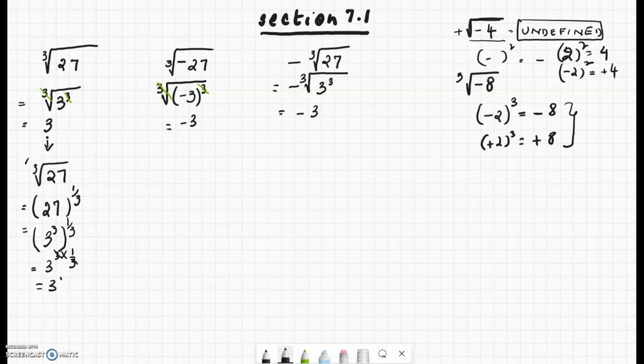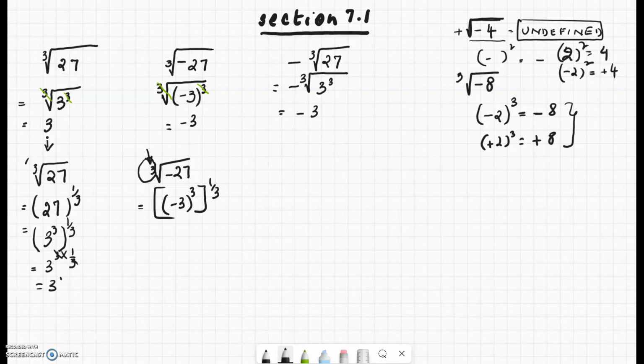Remember, the cube root of a negative number does exist. Okay, you can take the cube root of a negative number. As long as this number is odd, you can take the cube root of a negative number. So you go negative 27 is equal to negative 3, the whole cubed, whole to the 1/3.